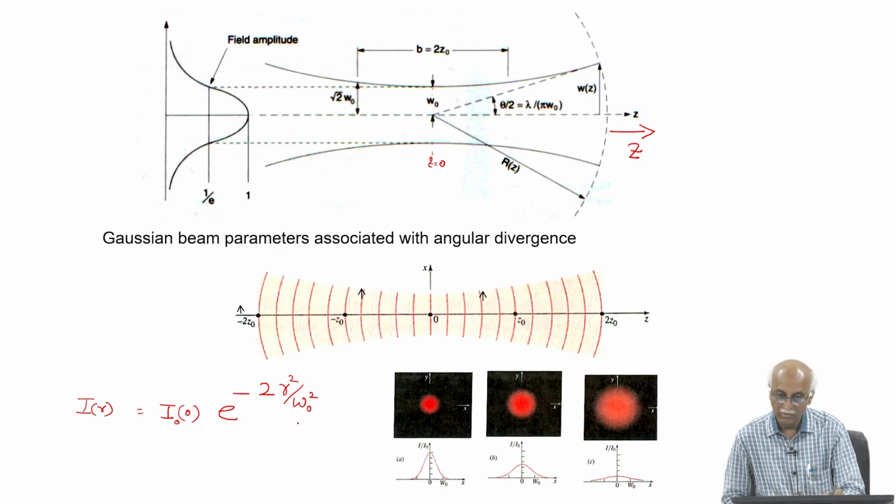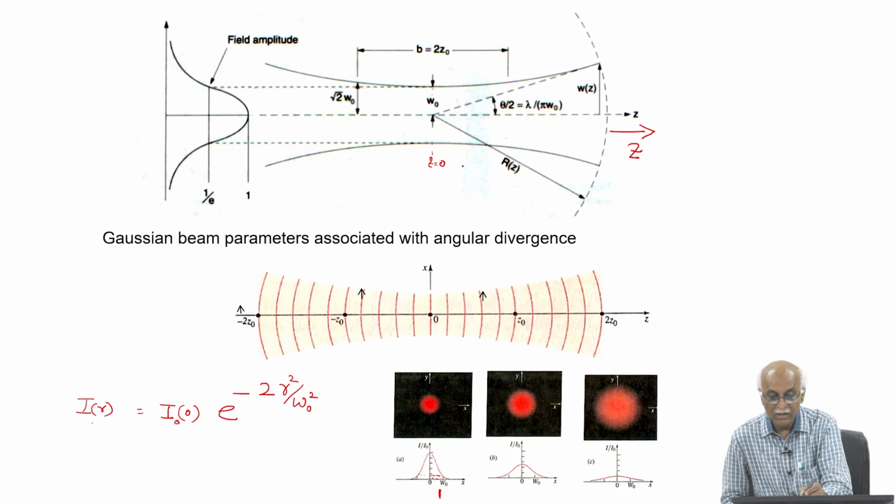What is w0? W0 is the beam waist, at the point where intensity becomes 1 by e square. When r becomes w0, I of r becomes I0 divided by e square. So that position of r is nothing but w0, and that is, in terms of radial distance, the beam waist.